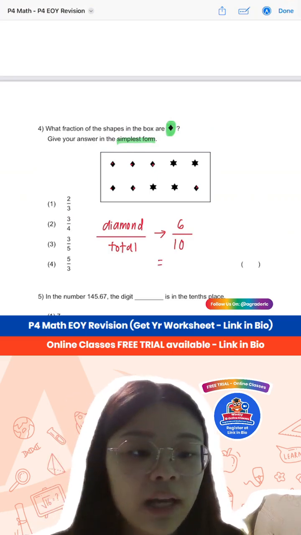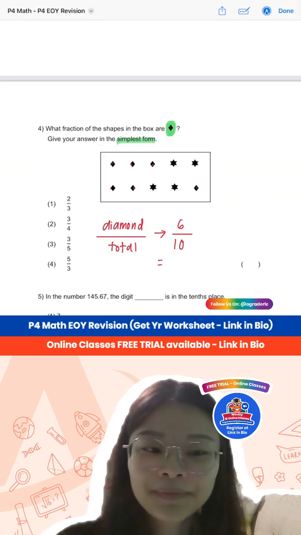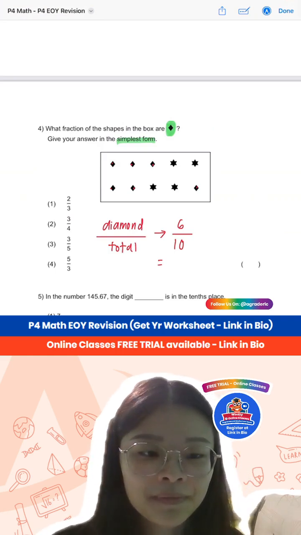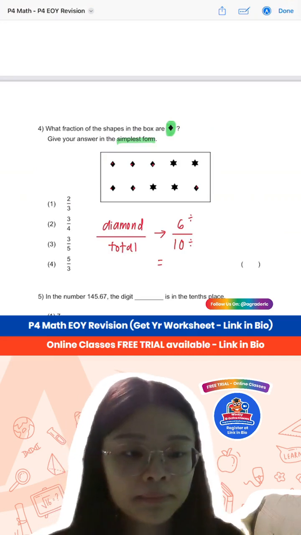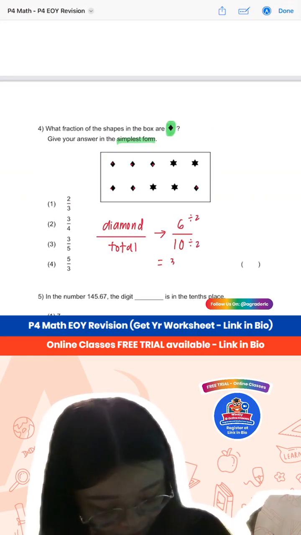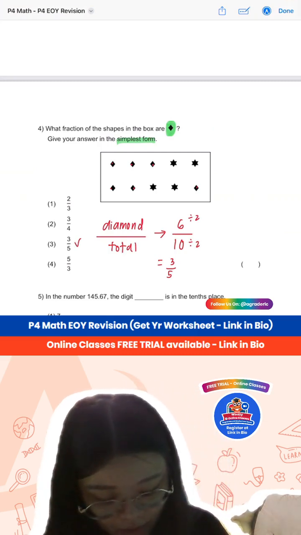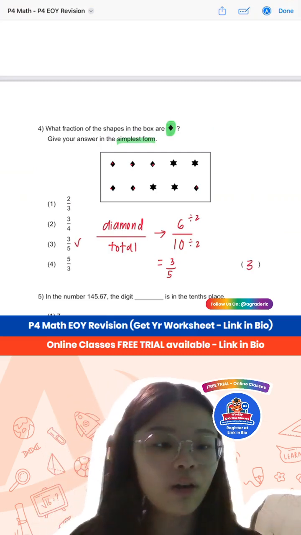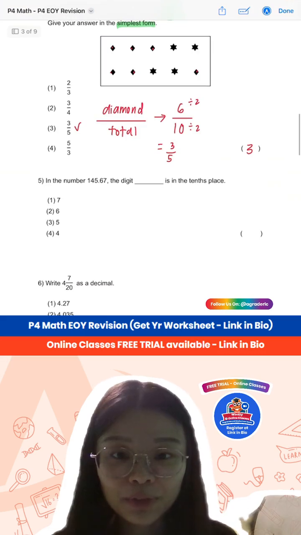We can divide both 6 and 10 by 2. So we get 3 out of 5, or you can call it 3/5. So the answer is option 3. All of you who answered option 3, very good. Now we move on to question 5.